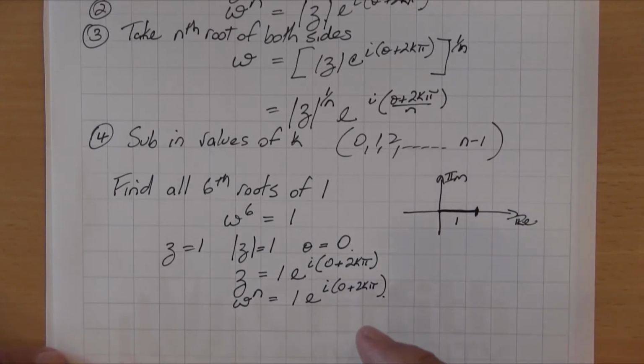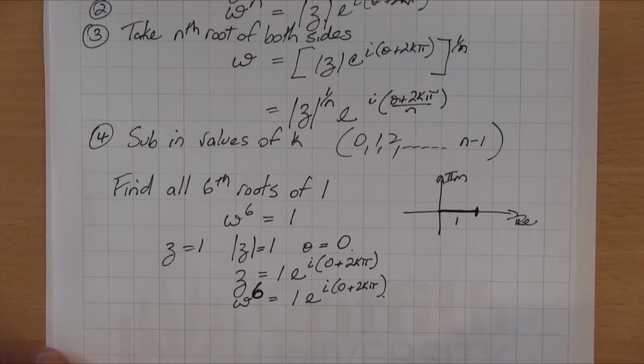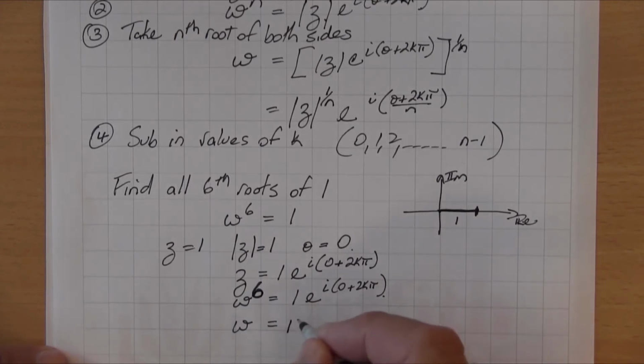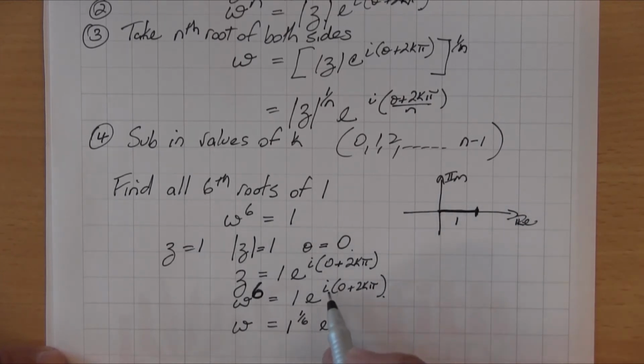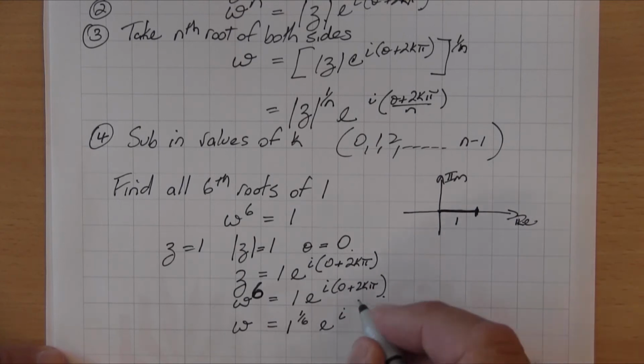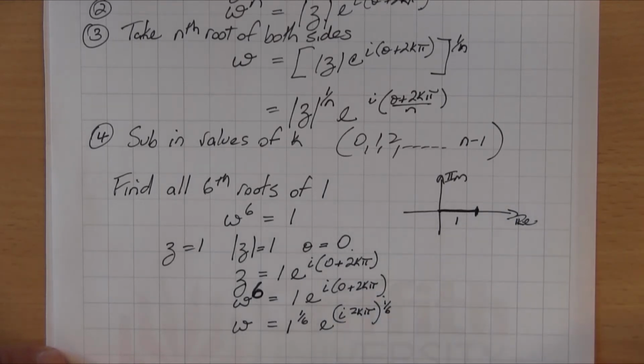Step 3 is to take the nth root, that's w to the 6, so take the sixth root of both sides. If we take the 6th root of w to the 6th, we get w is equal to 1 to the power of 1/6. Now instead of 0 plus that, we can just say that's e to the power of i 2k pi, all raised to the power of 1/6.